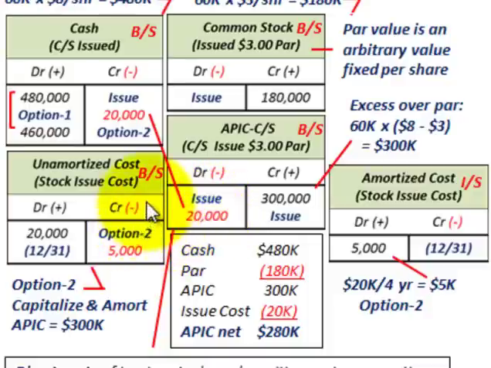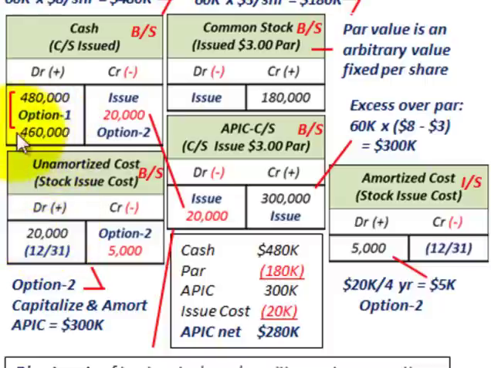Now we have option two that we can look at. In this case, we would have reduced our cash account directly by the issue costs of $20,000. So we would have debited our cash account for $460,000, and then for those issue costs we would have set them up as a capitalized amount, an unamortized cost on the stock issue costs, which we would be amortizing. This would be capitalized, debited at $20,000.